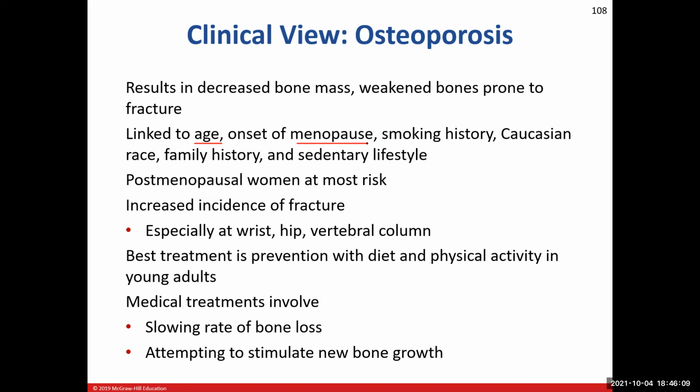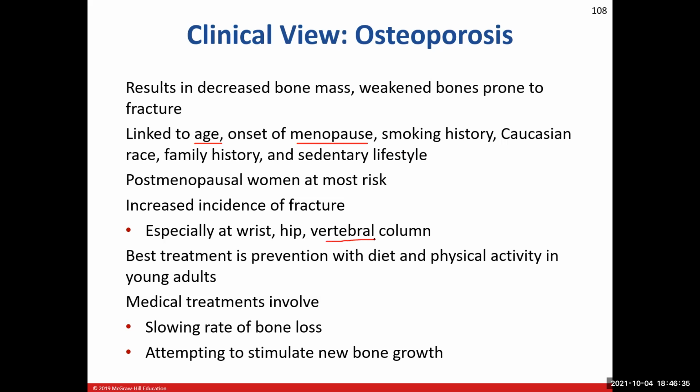If you're of Caucasian descent, if it runs in your family, and if you just sit around and don't do much, this is all a risk. And so there's always that possibility, especially in the older population, of a fracture. I've seen so many hip fractures from osteoporosis, and you'll also see compression fractures all the time in the spine.